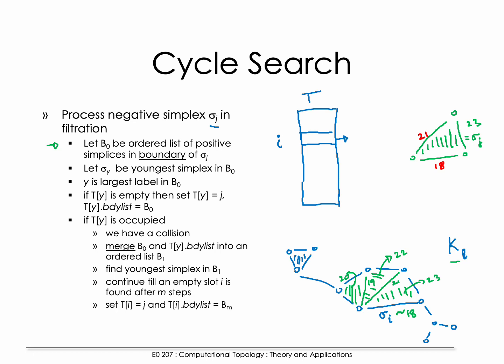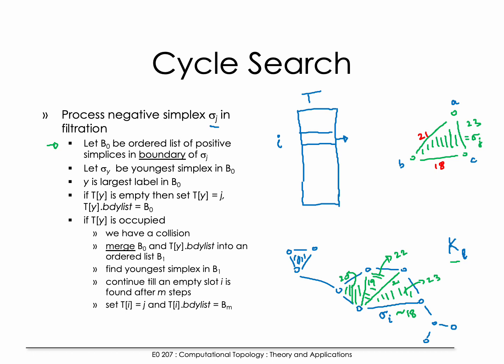So we do not insert that particular edge. Let's put some labels so that is clear. The edge AC is negative, so I do not include that into b sub 0. So b sub 0 only has 21 and 18 for now, right?